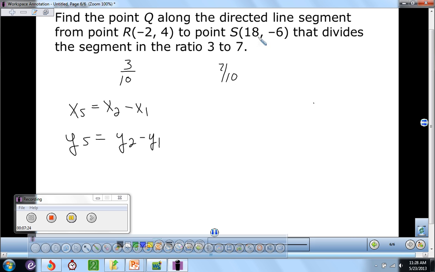Sorry, this is X2, this is Y2, this is X1, this is Y1 now. Alright, so we'll take -2, subtract 18 from it, and we get -20. Okay, so these numbers shouldn't change. Then we'll take -6, and subtract 4 from it, and we get -10.